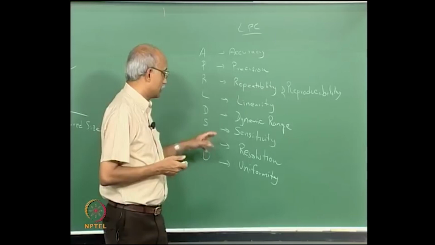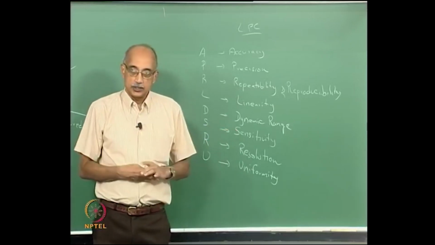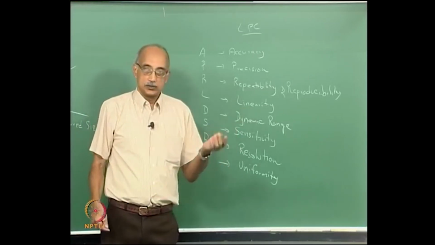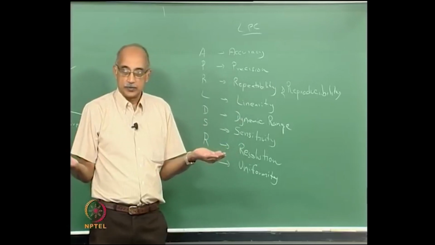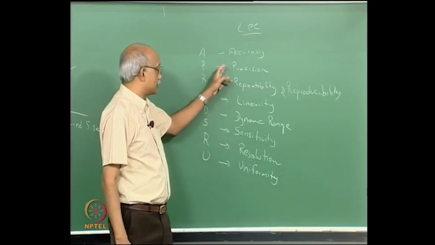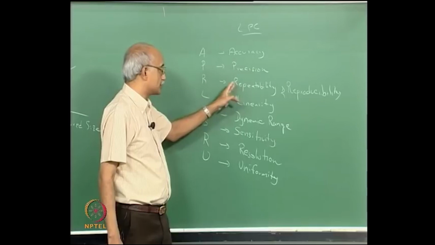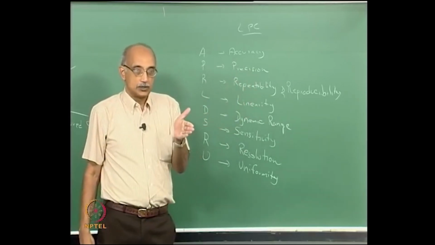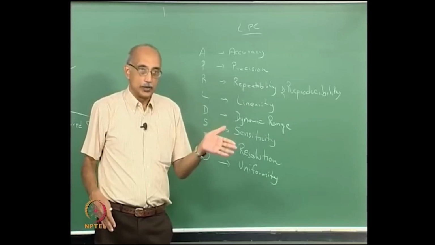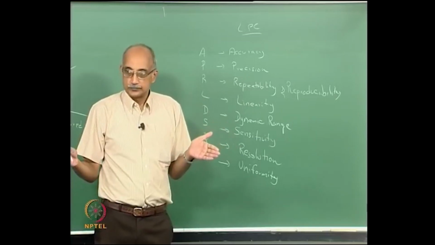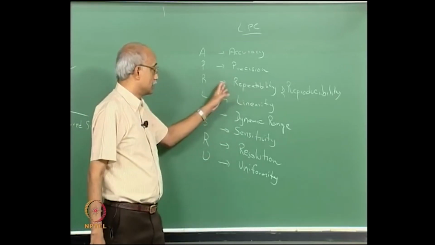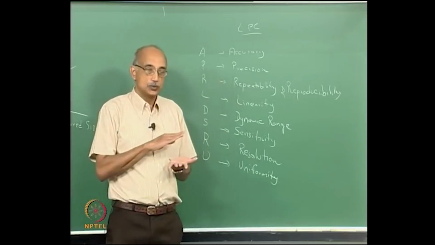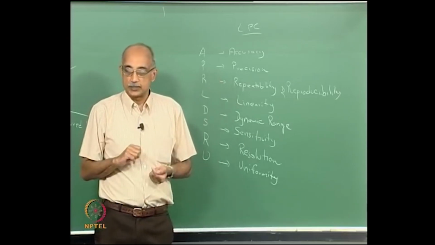For example, again in a particle size analyzer, the range may refer to the minimum size and the maximum size that you are measuring. It is not enough that you achieve accuracy, precision, repeatability and reproducibility at one value in your range, say on the low end or at the high end. These values have to be achieved through the entire range of measurements.